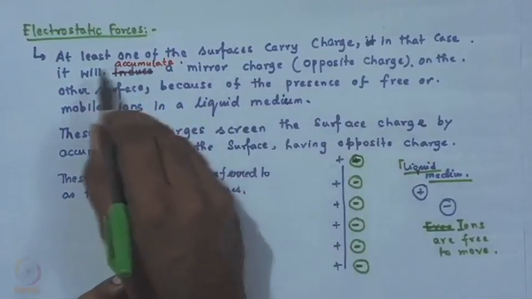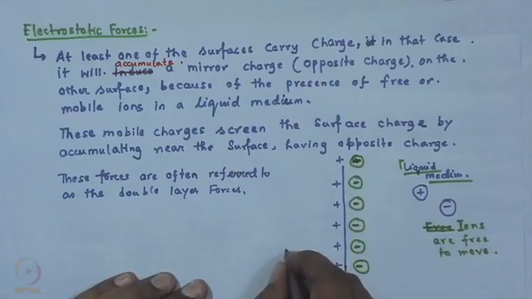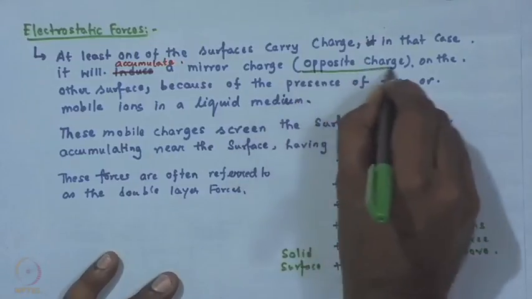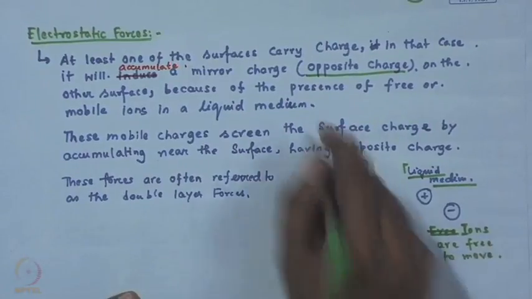If you now see the individual words, it makes sense. At least one of the surfaces carries a charge. Here is a solid surface which carries a charge, and that will attract the mirror charges, that is the negative charges. A layer of ions will form in close proximity to the surface, with opposite charge.